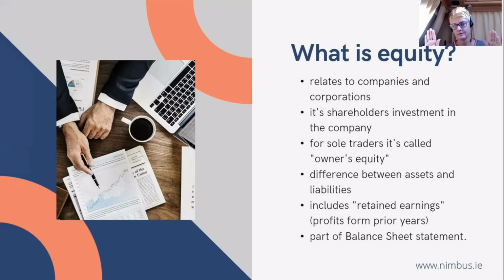So simply the equity will be the difference between the two to make the balance sheet balance. Also, one important thing to keep in mind is that equity will also include your so-called retained earnings. These are profits from prior years. They will go to your equity as well. And as already mentioned, equity is part of the balance sheet statement, of course.